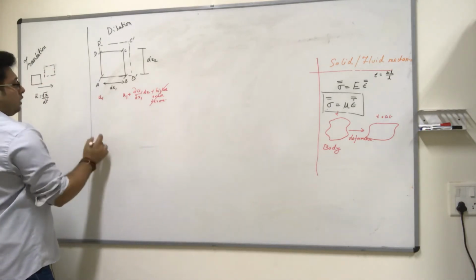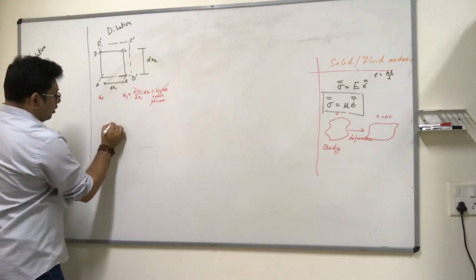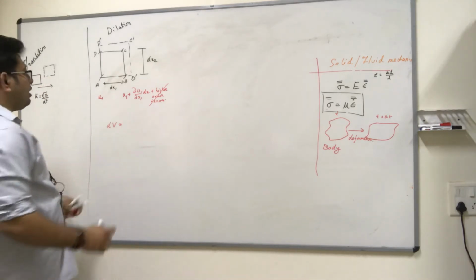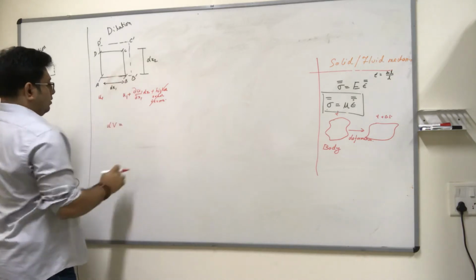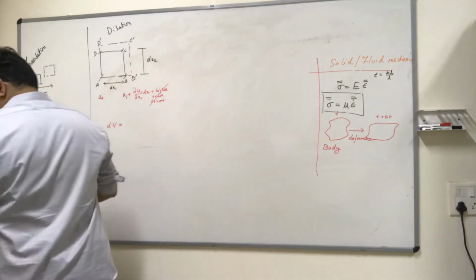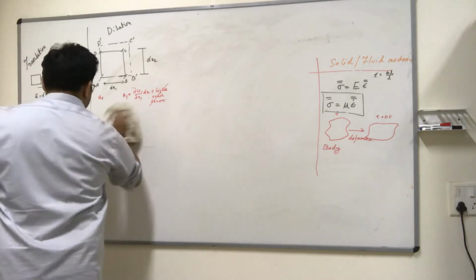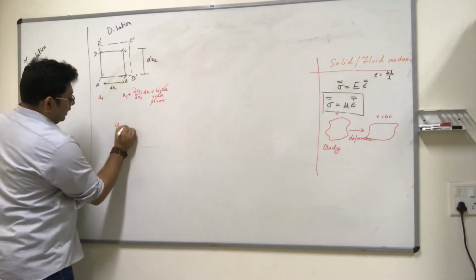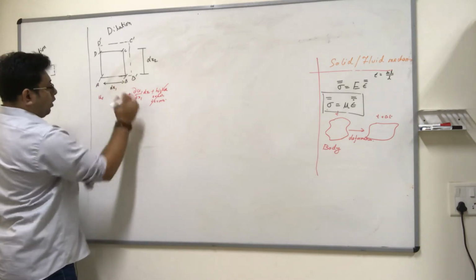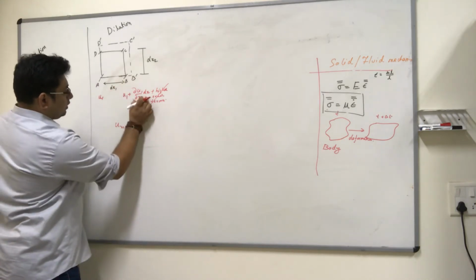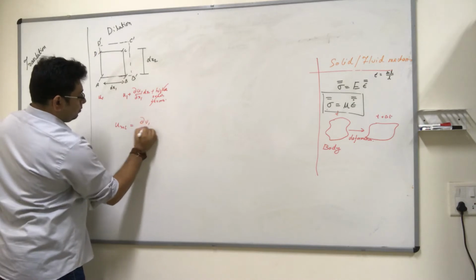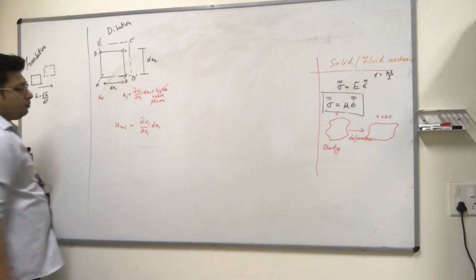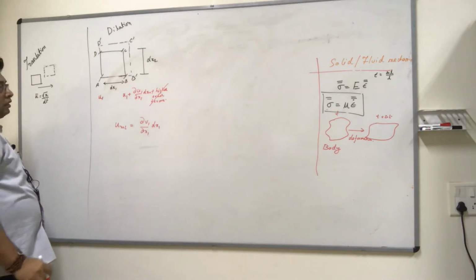So this change of volume is due to this extra velocity. What is the relative velocity between point A and B? Maybe I'll write that. So the relative velocity between these 2 points is simply this quantity. Okay, this is dx1.